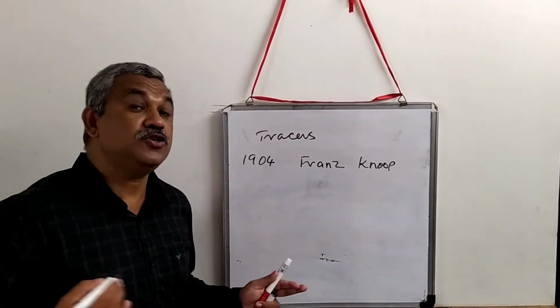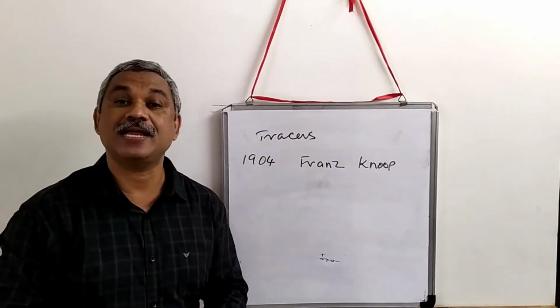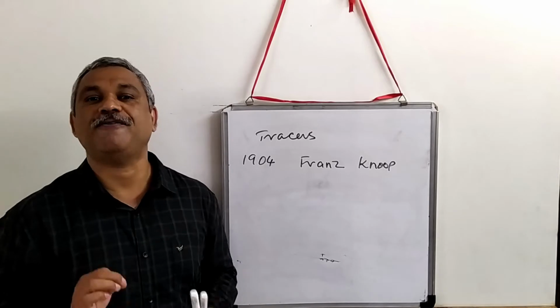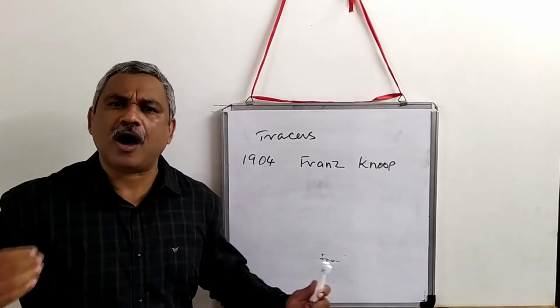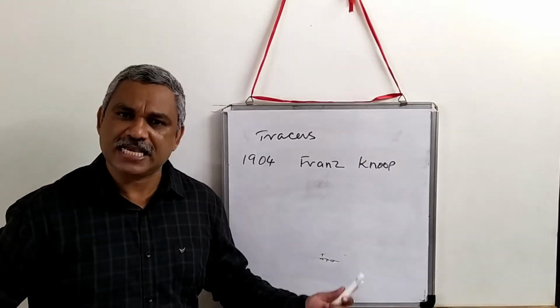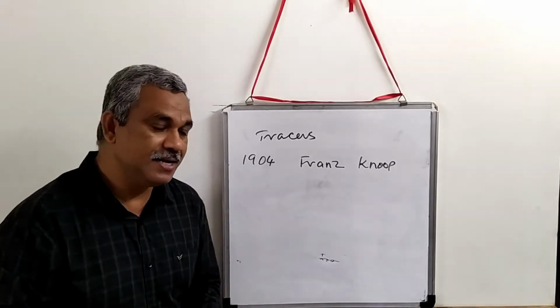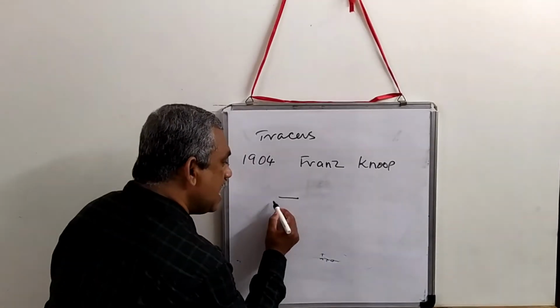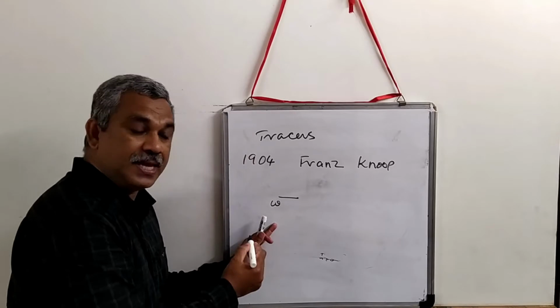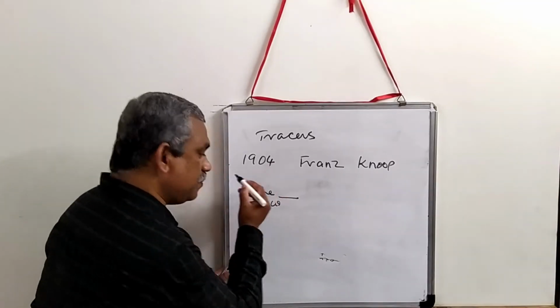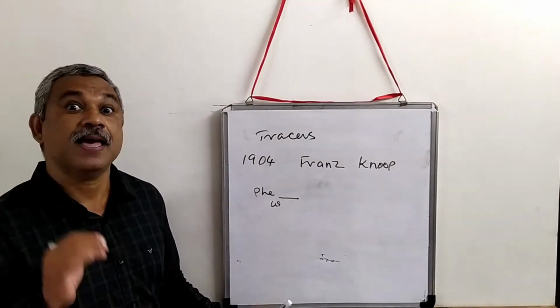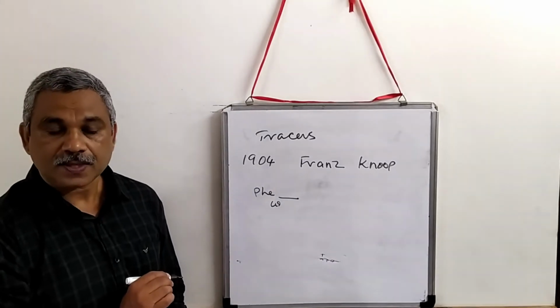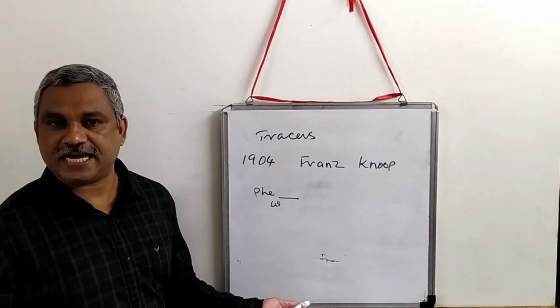Franz Knoop was interested in understanding the metabolism of fatty acids. He was looking at how fatty acids are oxidized in our body. He took a fatty acid and, at the omega carbon atom, added a phenyl group. He took two kinds of fatty acids.